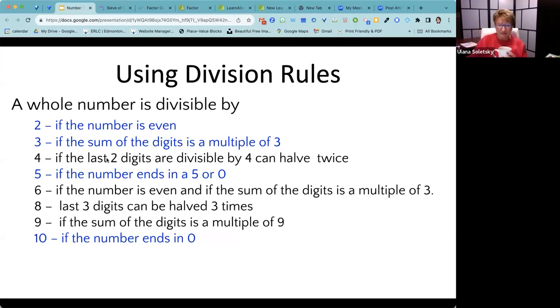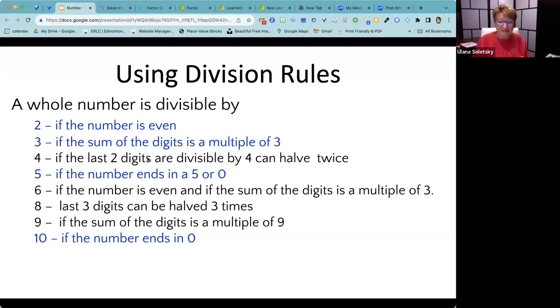Divisibility test for 4 is if the last 2 digits are divisible by 4, which means that you can halve them twice. Obviously, if you did the multiplication and doubled it twice, it just means you're having it twice. And it's only the last 2 digits, that's numbers inside numbers, that help you with that. And for 5, it is if the number ends in a 5 or a 0.